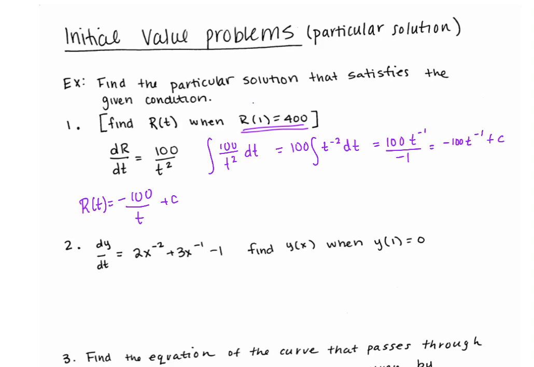But I'm given an x and a y, so I can plug those in and solve for c. So 400 equals negative 100 over 1 plus c, which is 400 equals negative 100 plus c. And I'm going to solve for c.